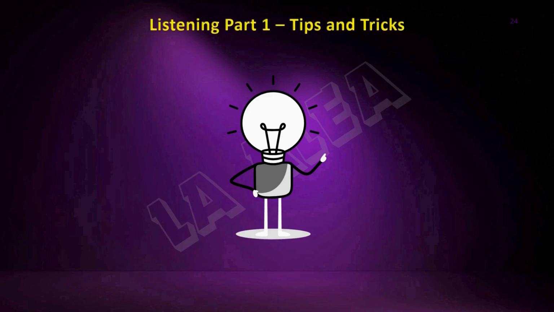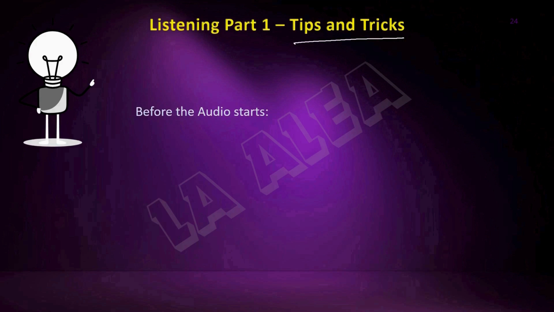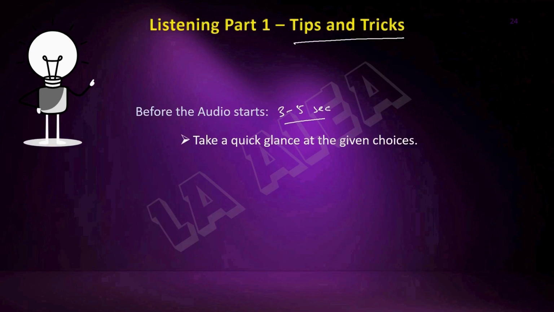Now, let's discuss the strategies, tips and tricks to attempt this question type. First of all, once the options appear on your screen, you will get around 3 to 5 seconds before the audio starts. This is the time when you can take a quick glance at the given options. However, do not try to understand each and every option, because it is not possible within that 3 to 5 second time.